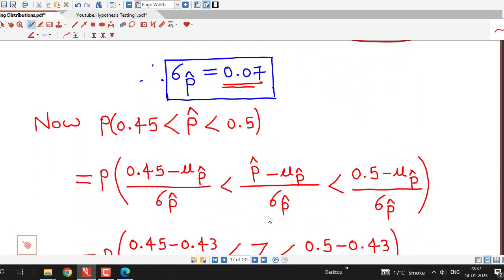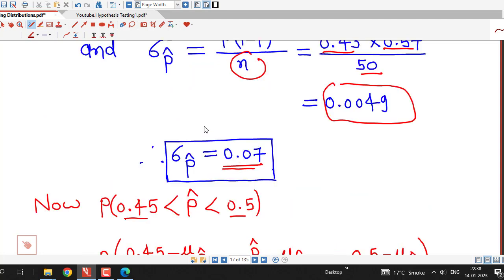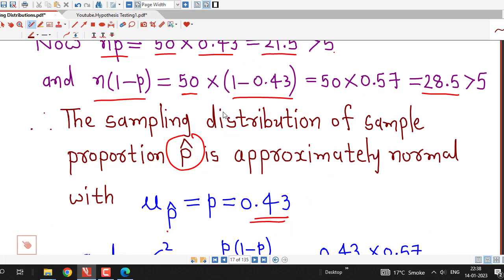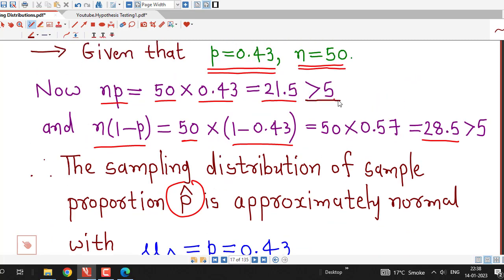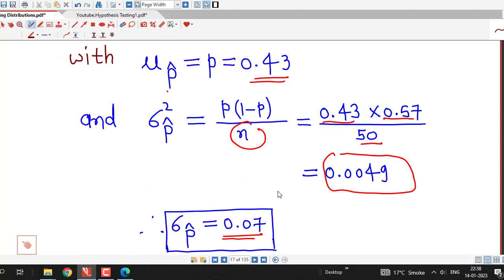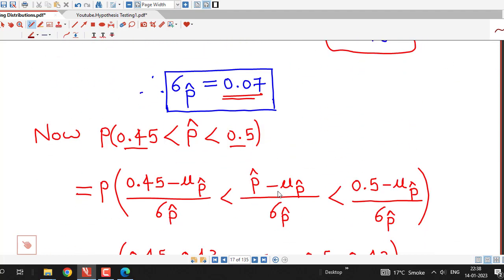And now we are interested in the probability that the sample proportion lies between these two numbers, 0.45 and 0.5. As I discussed, if these two conditions are satisfied, n times p is greater than 5 and n times 1 minus p is greater than 5, then the sampling distribution of the sample proportion is approximately normal, and now we standardize it.